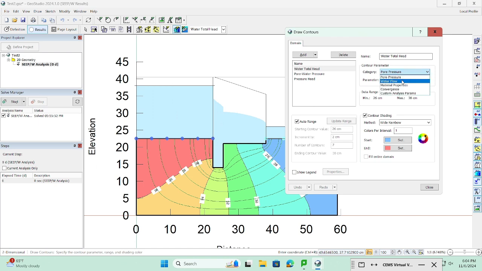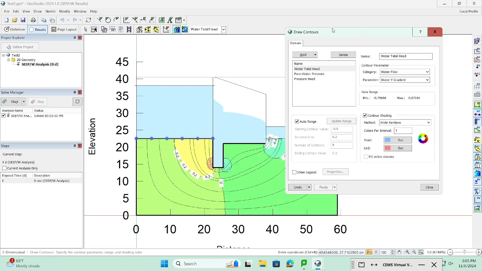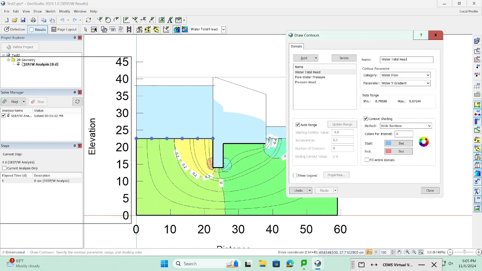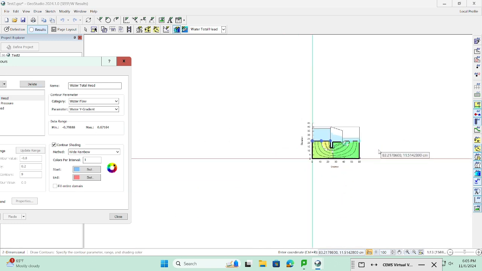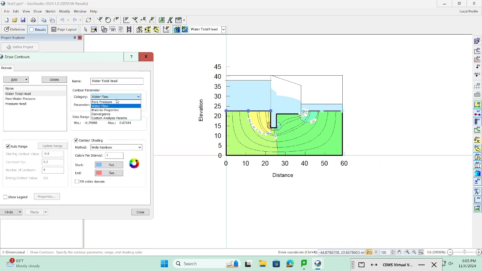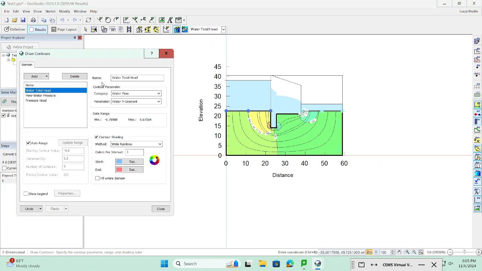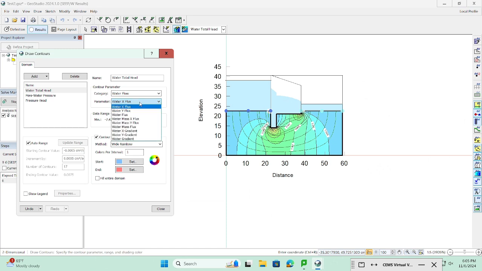So we can choose here water flow, and then we can see the water gradient, for example, water Y gradient. So these things can be seen too. You can show lots of different things. You can go here again and choose the water flow, or change that to water total head, and the water flow.